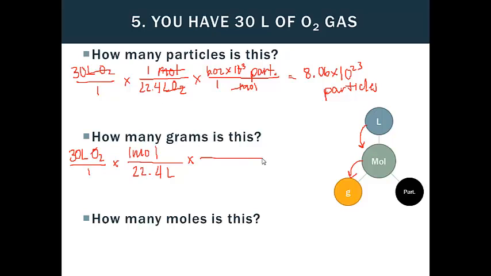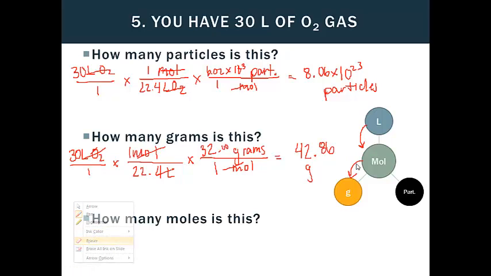And now I want to take moles and change it into grams. So this is the molar mass of oxygen, O2. So 1 mole of O2 weighs 32 grams. So whenever we solve this, liters cancels liters, moles cancels moles. So my answer is going to be 42.86 grams.